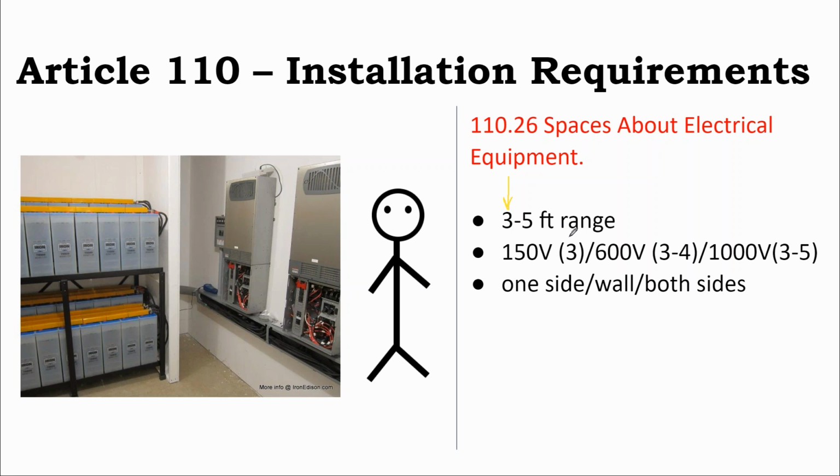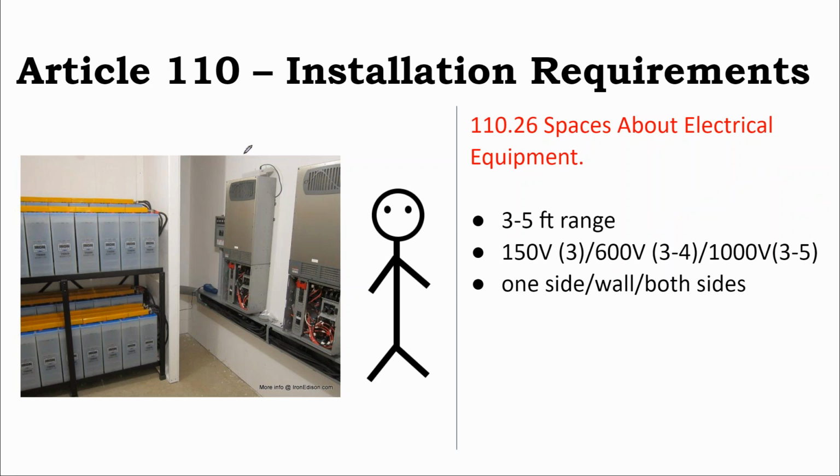And actually, the requirements are different if it's 150 volts up to 600 volts, such as a 120 volt service panel, a 240 volt service panel, or if you're getting into commercial systems. I just worry about the residential requirements, and then I assume the commercial requirements may be more stringent.